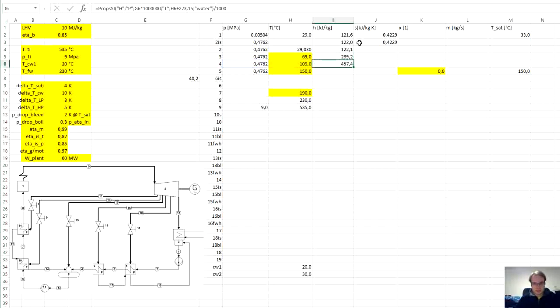Same goes here. And lastly, for the feedwater heater, we cannot use pressure and temperature, but we will use the temperature on which we had specified a saturated temperature, and quality, which is 0.